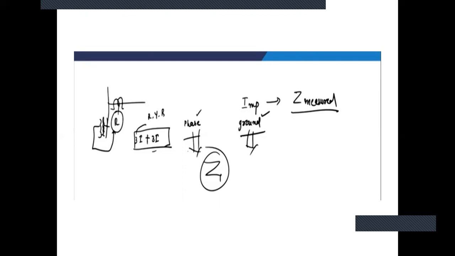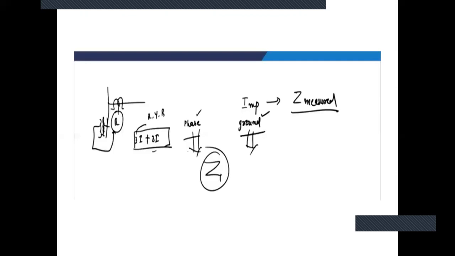So our next discussion is related to what quantity we feed or provide to the distance relay. Obviously, quantity means voltage and current, such that it always measures the positive sequence impedance, or the correct value of the impedance from the relaying point to the fault point.